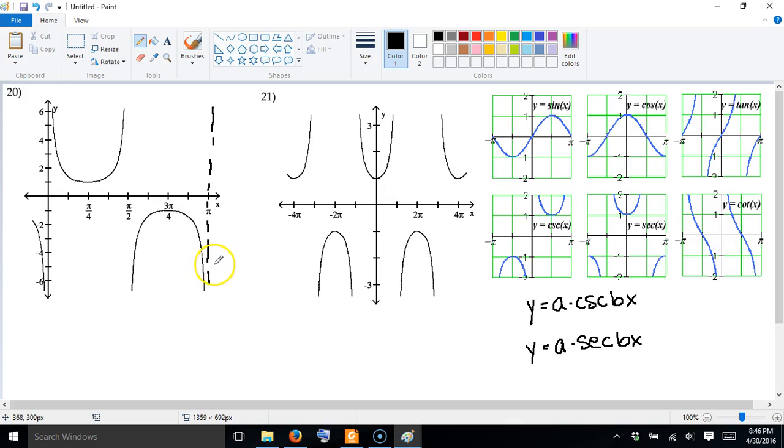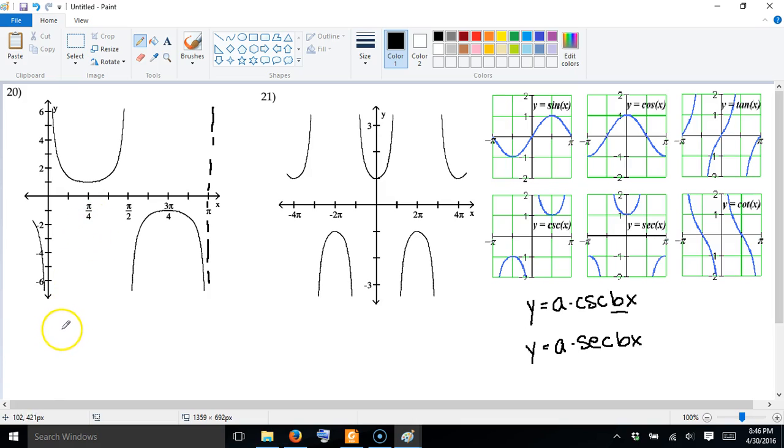That is one full period of our function being graphed, because after this point right here, we're going to continue with a U this direction and then a U going down this direction, and then it keeps going and repeating that same pattern. So this right here is our first full period of our function, and I'm going to go ahead and solve for our b.